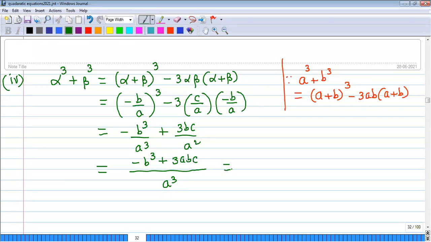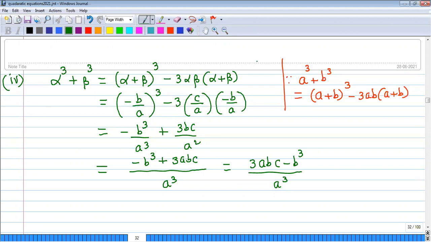So this can be rewritten as 3abc minus b cube upon a cube. So my dear students, don't learn all these things by heart. Just remember alpha plus beta and alpha beta, that is enough. All these can be derived in a very simple manner. Okay, this is the fourth one.